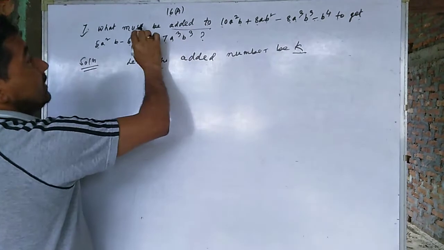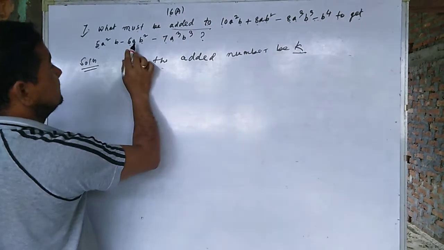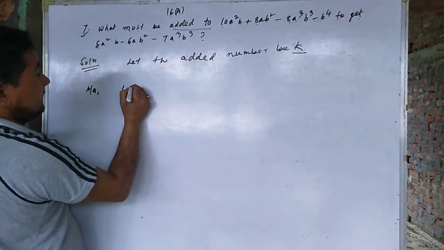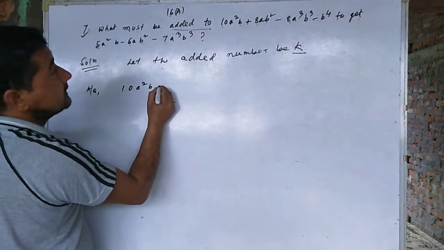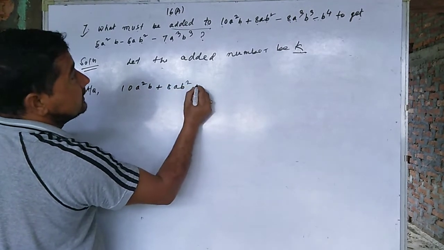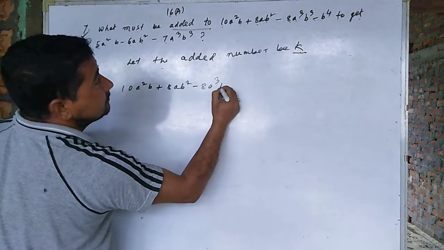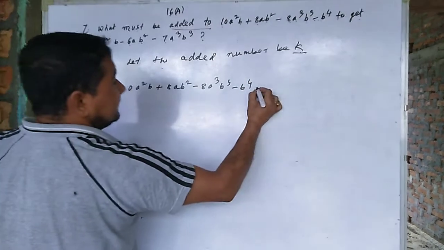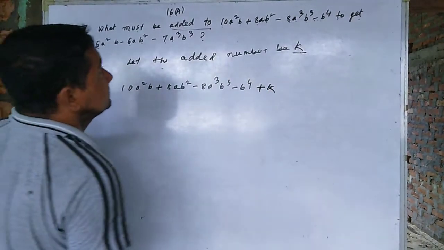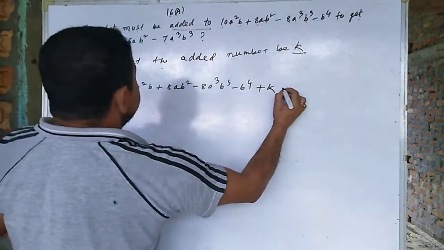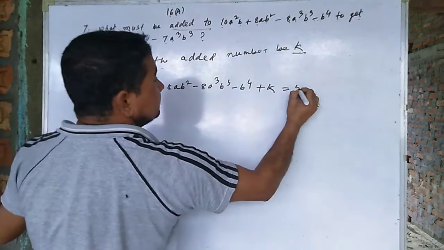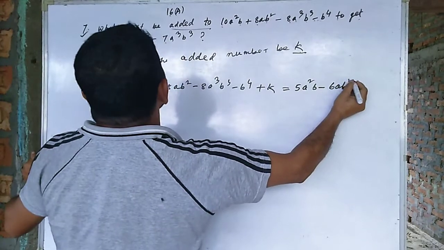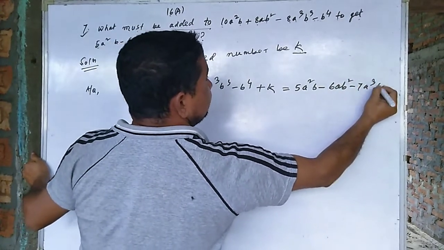Now you have to add this number to 10a square b plus 8ab square minus 8a cube b cube minus b to the power 4. You add k, then you get 5a square b minus 6ab square minus 7a cube b cube.